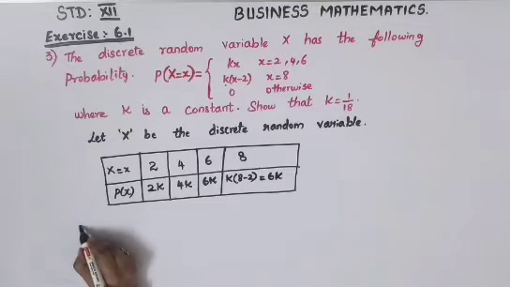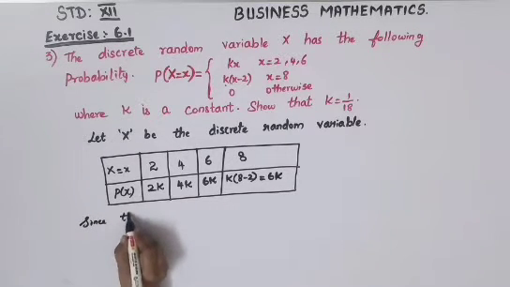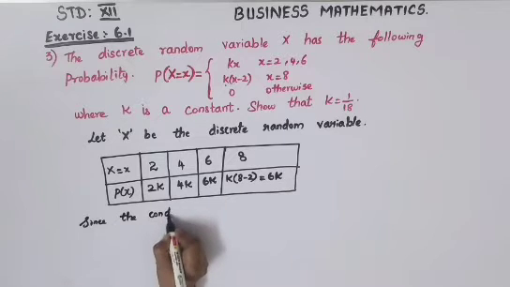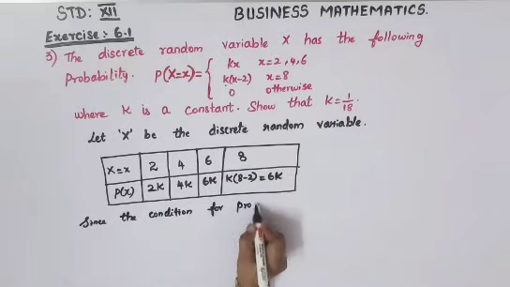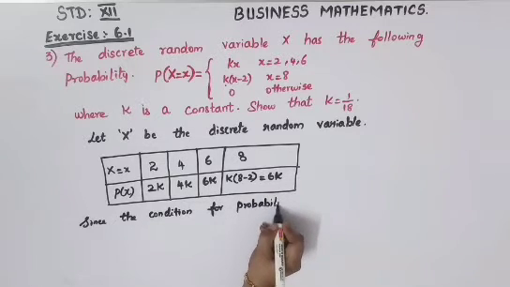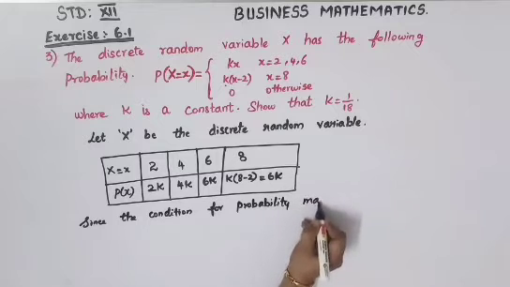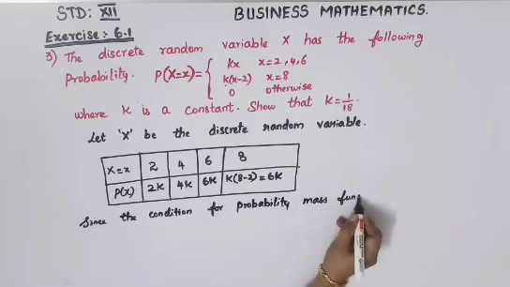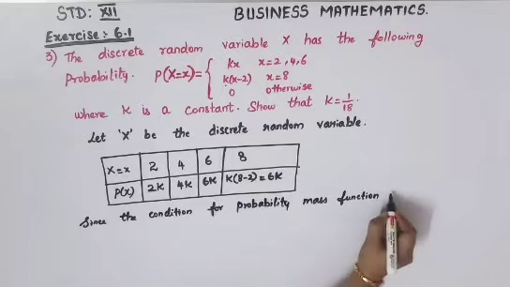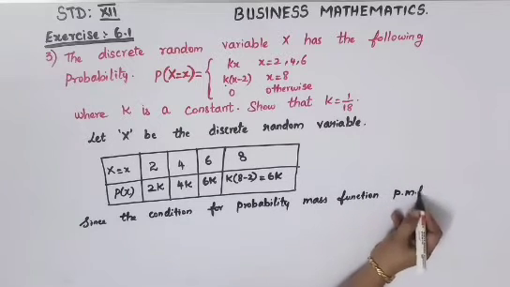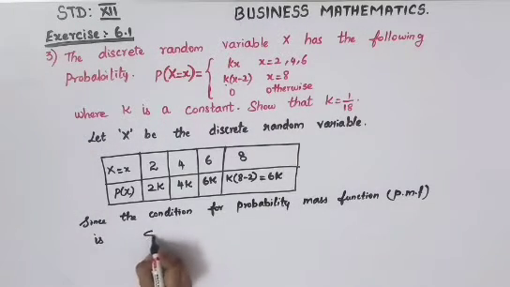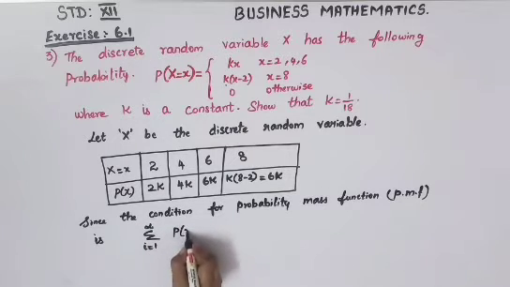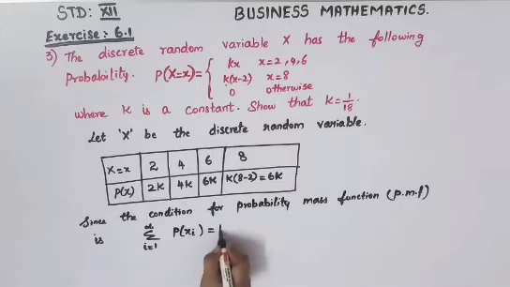So since the condition for probability mass function, that is, we can write it as PMF. Okay, probability mass function, this is your condition: sigma i is equal to 1 to infinity, P of xi is equal to 1.